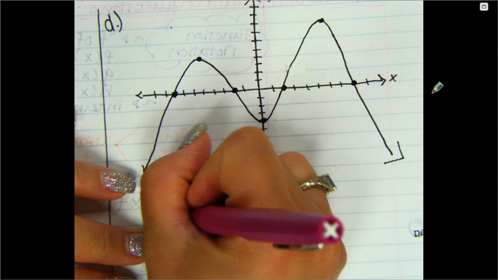So watch how this works. I'm going to use a ruler so you can see it. I'm going to go where y is 2, so go up my graph to 2. Do you see lots of points here? How many do you see? 4. Good, there's 4.